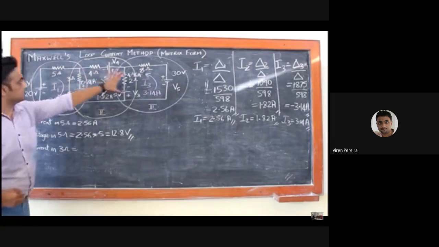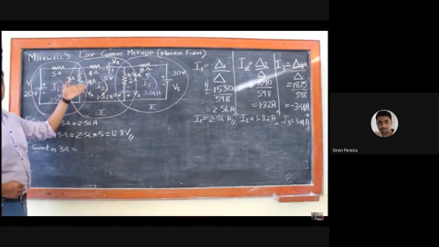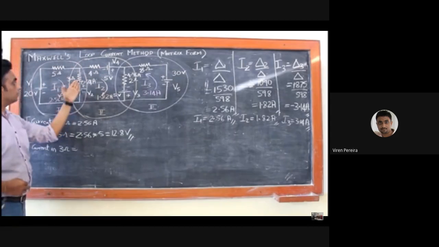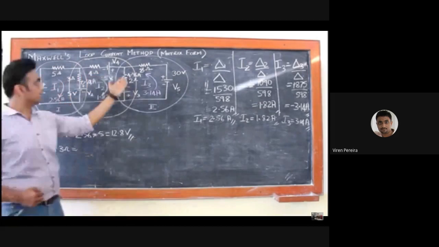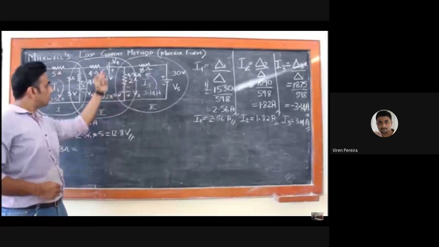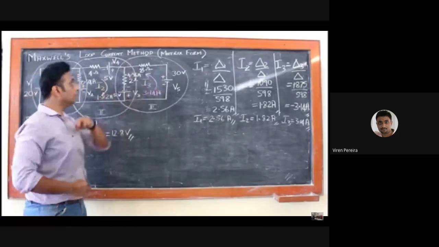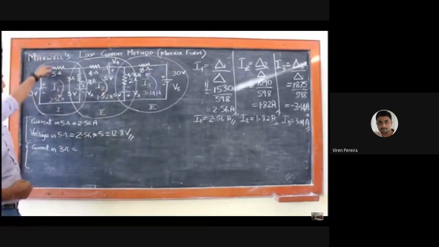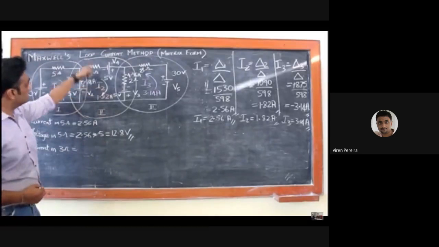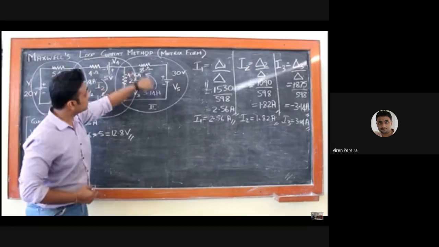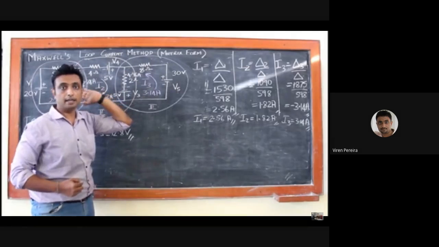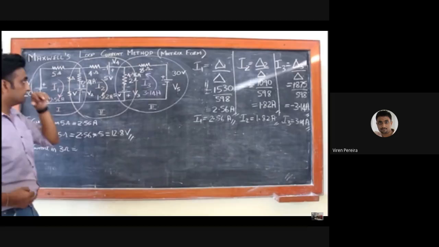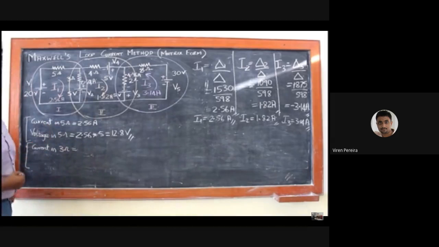So in the junctions, there will be basically a combination of currents. So you will have a combination of I1 and you will have a combination of I2. In the same way, in this 2 ohms resistor, you will have a combination of I2 and I3. But the 5 ohms is directly linked with I1, 4 ohms is directly linked with I2, 8 ohms is directly linked with I3. So here you will have no problem, but at these junctions, your currents will be different.